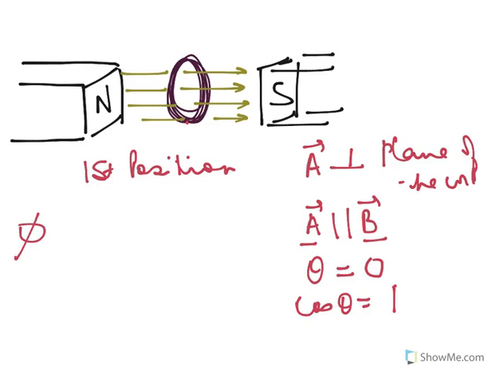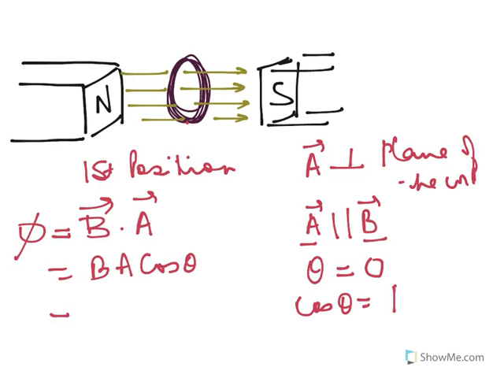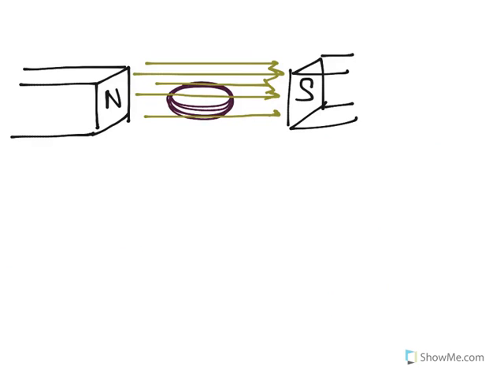So the flux linkages in the first position is given by B dot A, that is equal to BA cos theta, being equal to 1, phi flux linkages in the first position is equal to B into A. So as the coil is quickly snatched out of the field region, flux immediately becomes equal to 0.